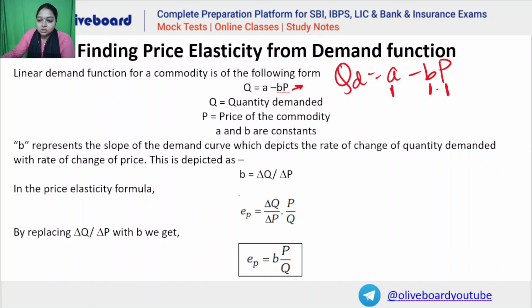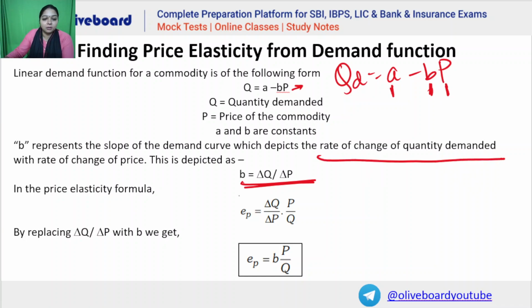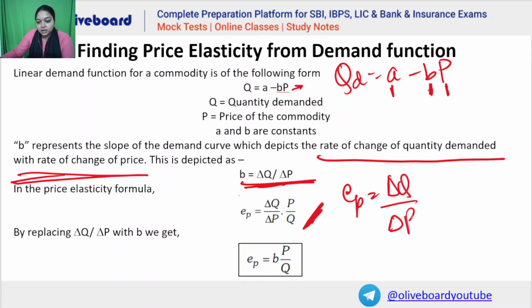Now because B is the slope, what is it depicting? It is depicting the rate of change of quantity demanded with the rate of change of price. So delta Q by delta P. The same delta Q by delta P we saw in the formula for EP. EP is nothing but delta Q by delta P into P by Q, correct?